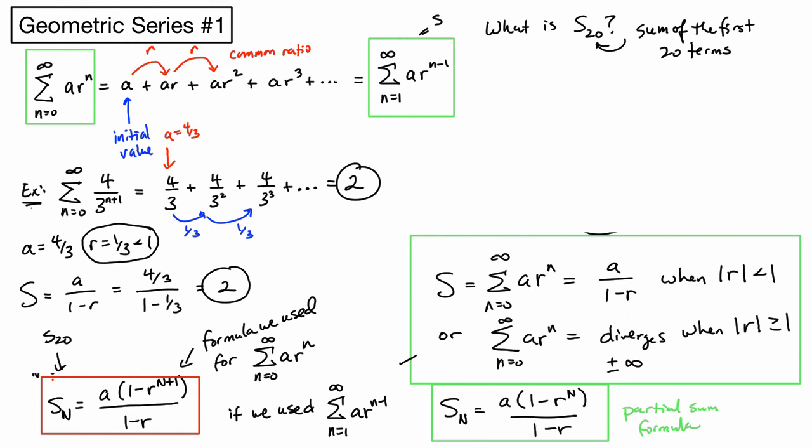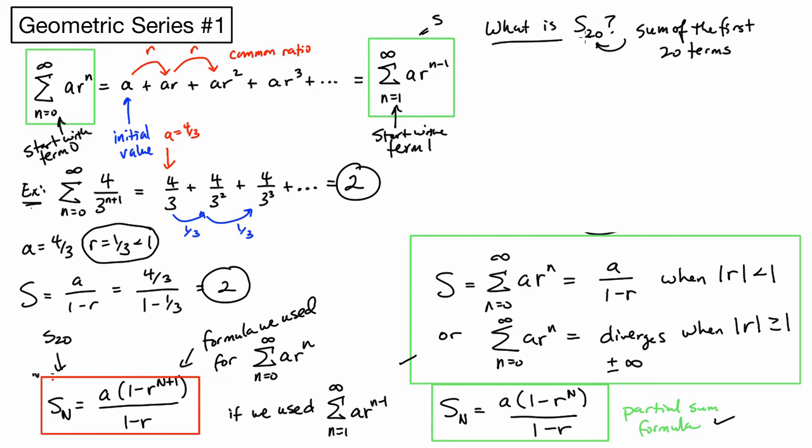And so I want to be very careful about that, and that's why this partial sum formula is the better one to use, because this will literally give me the sum of the first 20 terms, because the first term is numbered 1. Right? We start with term 1 instead of over here where we start with term 0.